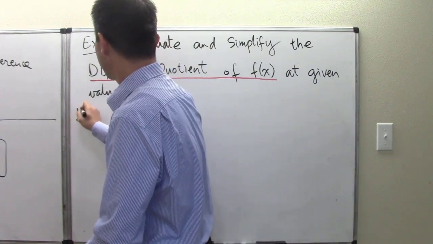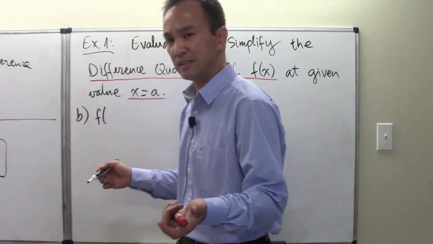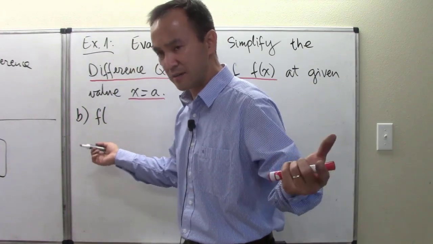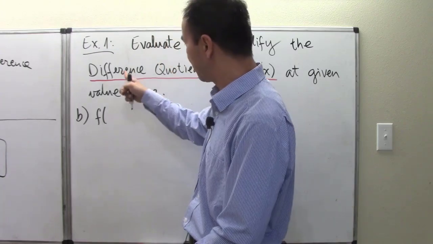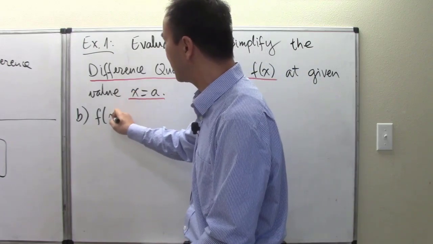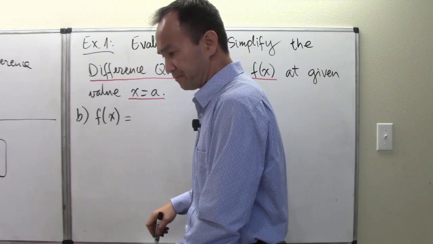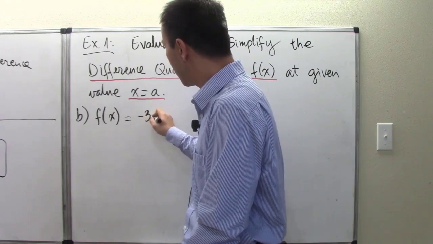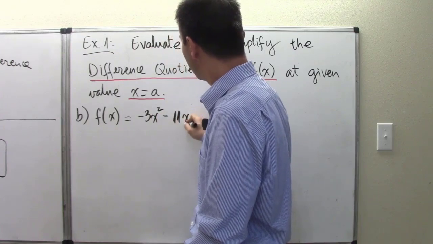The function given this time is a somewhat more complicated function, so that you get comfortable. The idea now is to read that name and be able to set up based on whatever function is given. So here, minus 3x squared, minus 11x minus 6.